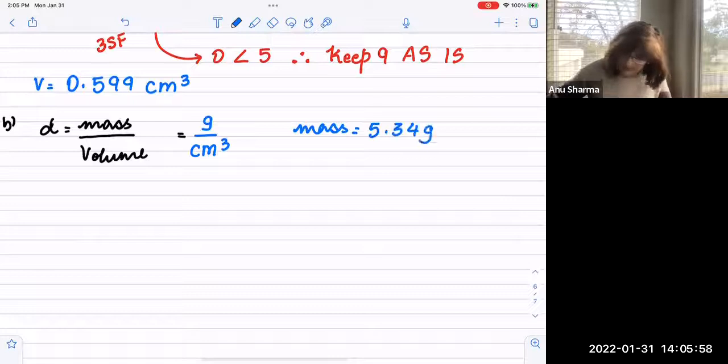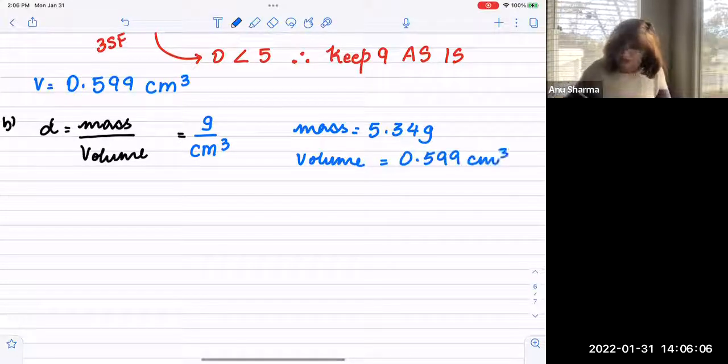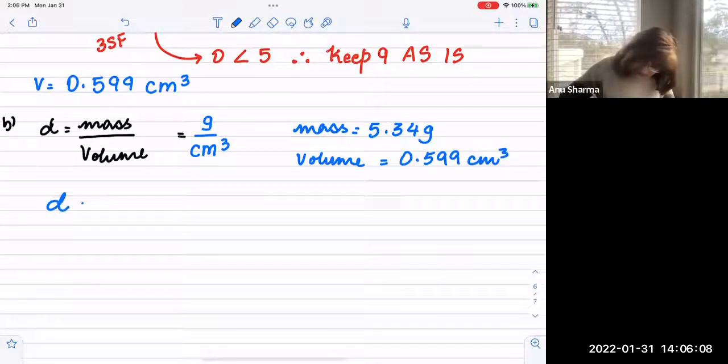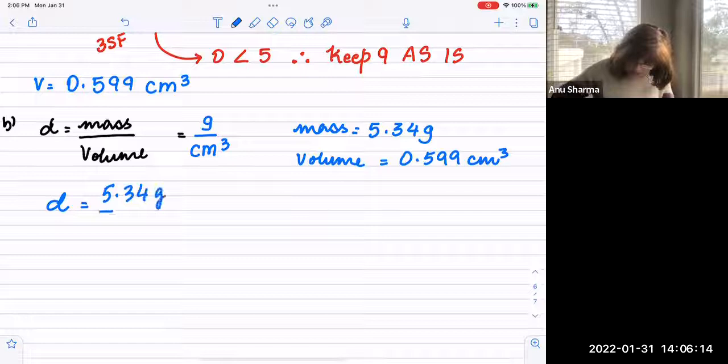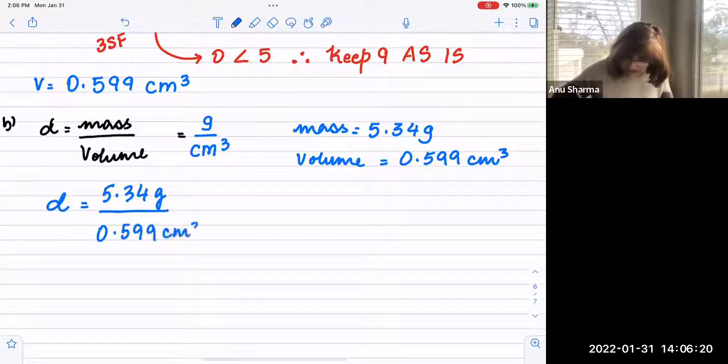The volume we just calculated, we are going to use the same one, 0.599 centimeter cube. So the density is equal to 5.34 grams, which is the mass, over the volume, 0.599 centimeter cube.